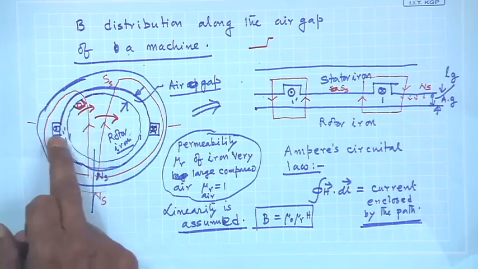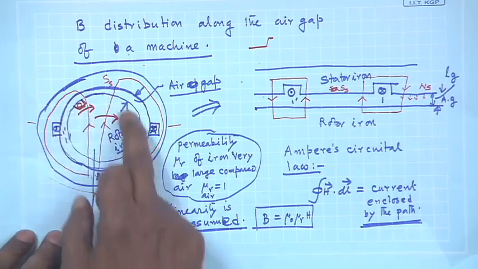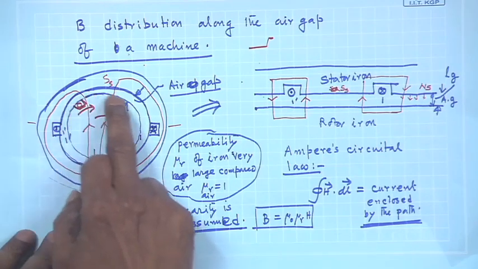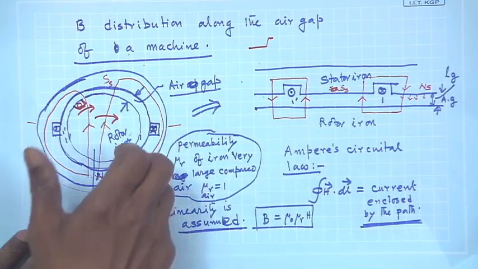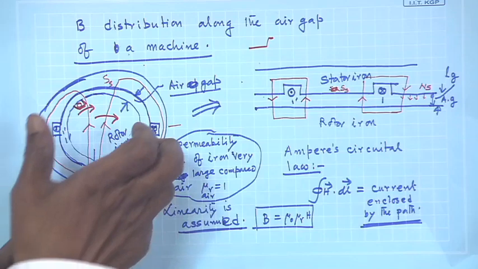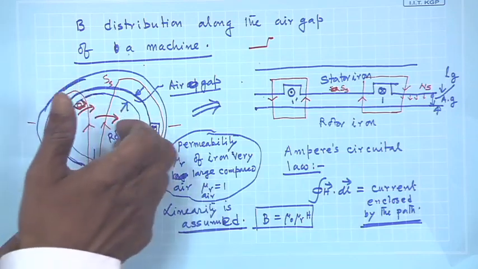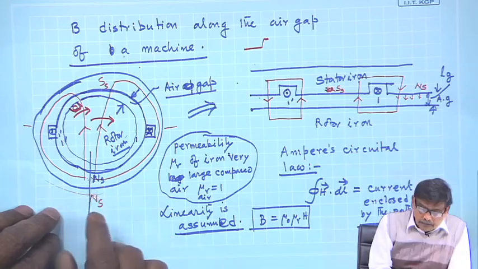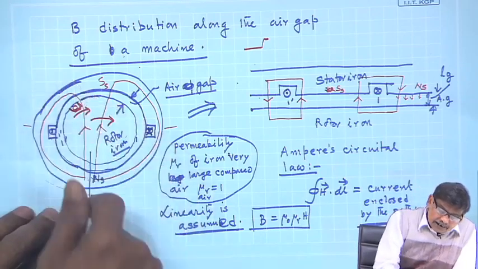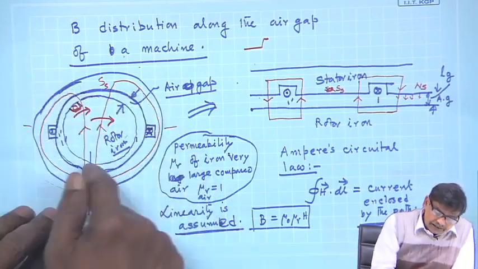But anyway, suppose there is the rotor iron and the rotor has not got any coils to begin with, that is what I told. If you do this, these fundamental things you always apply to convince yourself what is what. For example, here the lines of force will be going like this.